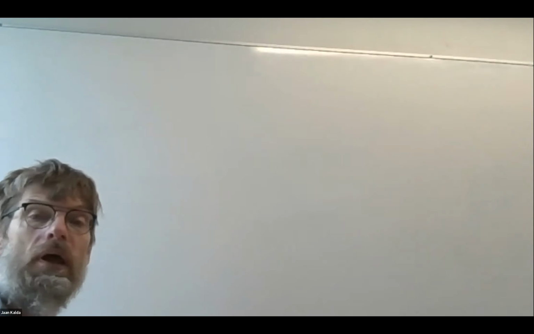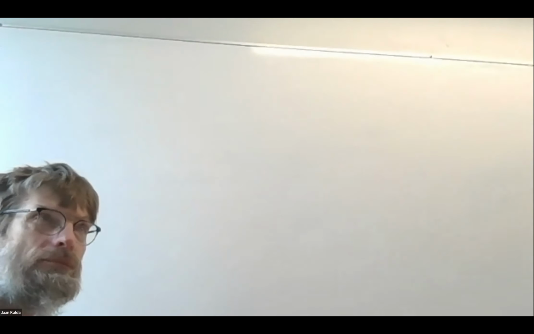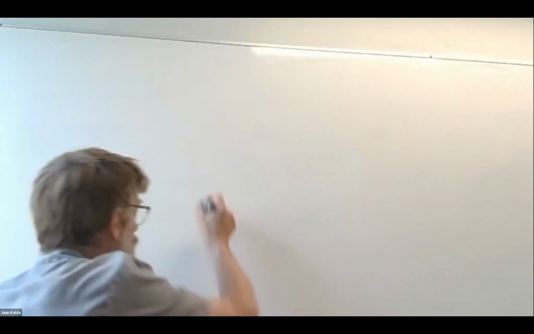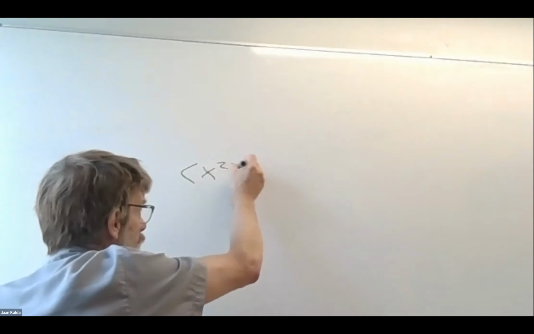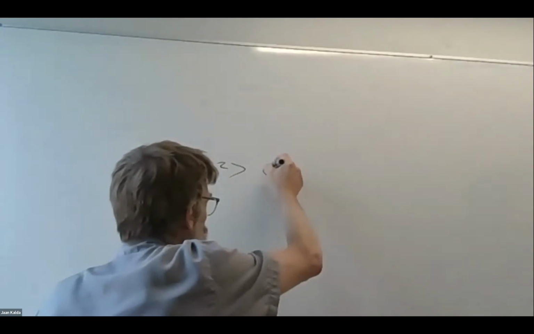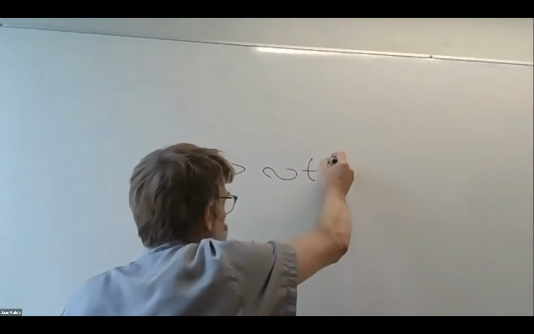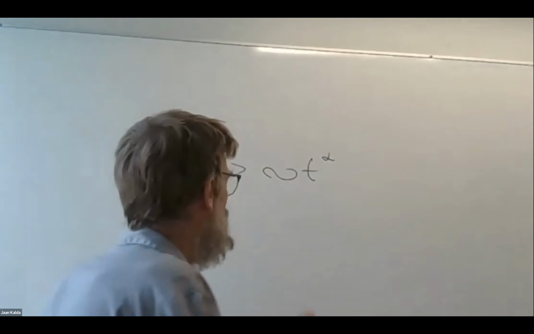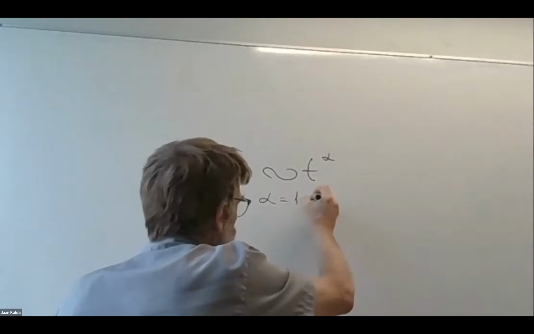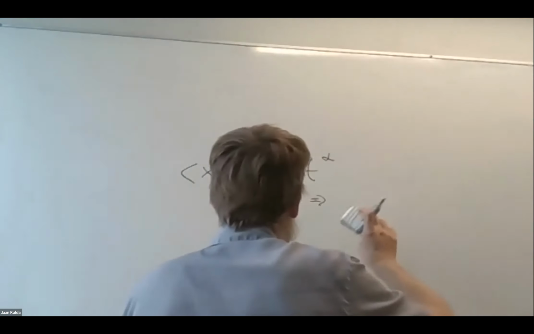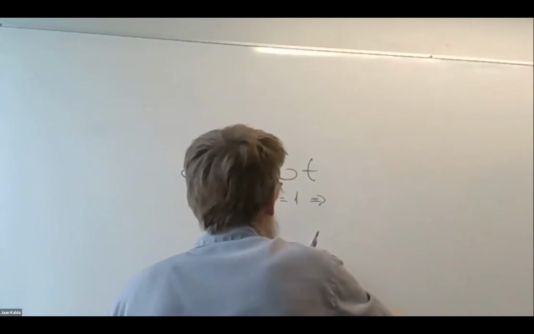So in terms of super and subdiffusion, roughly speaking, it's very easy. What you need to consider is the squared displacement, and if this is proportional to a certain power of elapsed time, let us write it in terms of h, 2h.